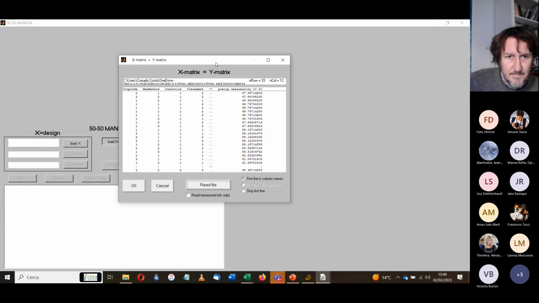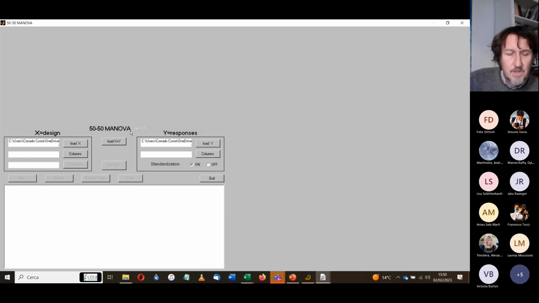As you can see, it reported here the names of the first row of the variables. It shows you a part of this and tells you that you have 33 rows and 12 columns. The first line is the column names. And that's it. Okay.